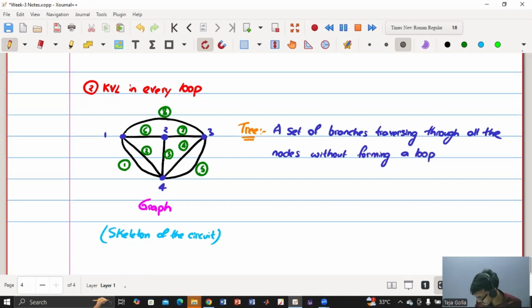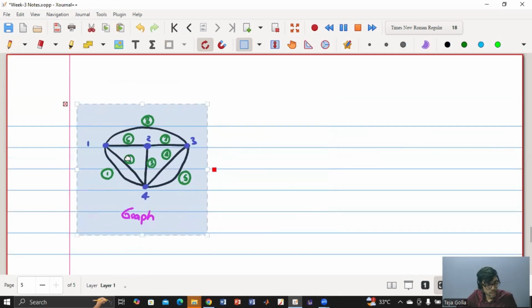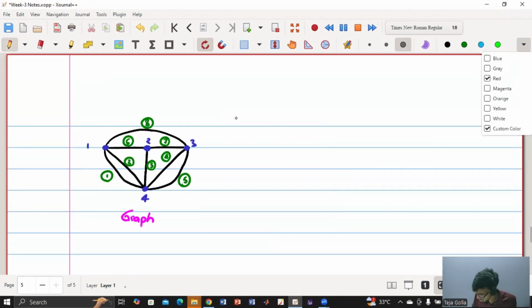So there can be many trees, right? So let us say element 2, element 3, element 7. I'll consider one simple example. So this is a tree, right? And let us take this graph onto the new page. And a tree is what? A set of elements traversing through all the nodes.